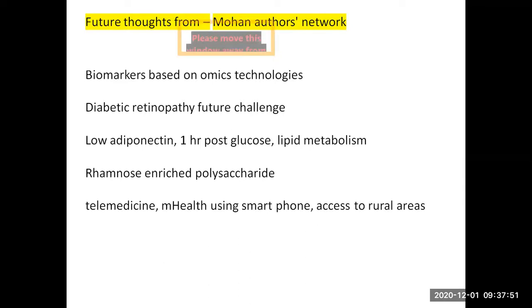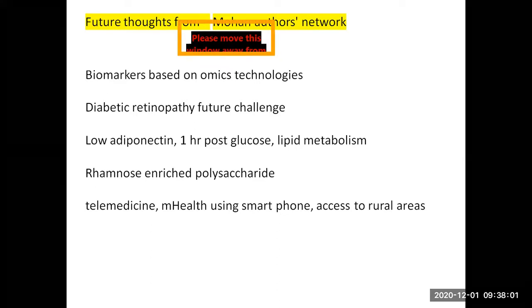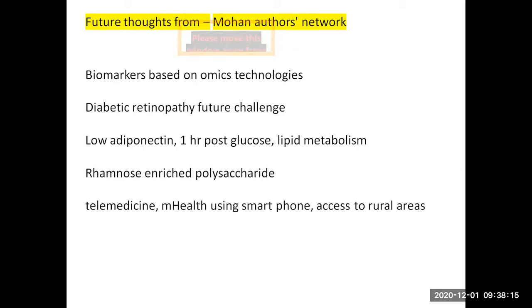Then rhamnose enriched polysaccharide in order to prevent it. Then telemedicine, mHealth using smartphone and access to rural areas. So these are focuses which are unique to the geographical conditions of these countries, and therefore the way the Mohan network thinks about the future and the way the Zimet network thinks, they are different, and that's where we see the differences.